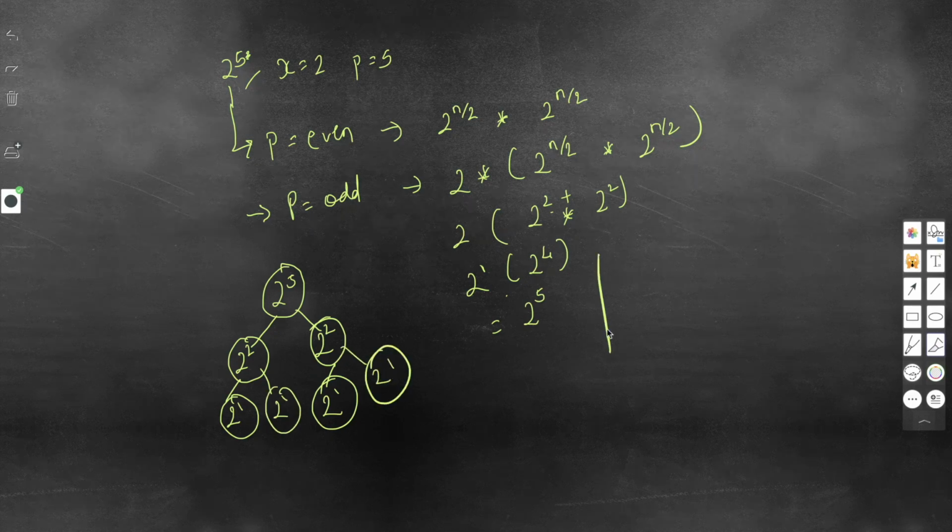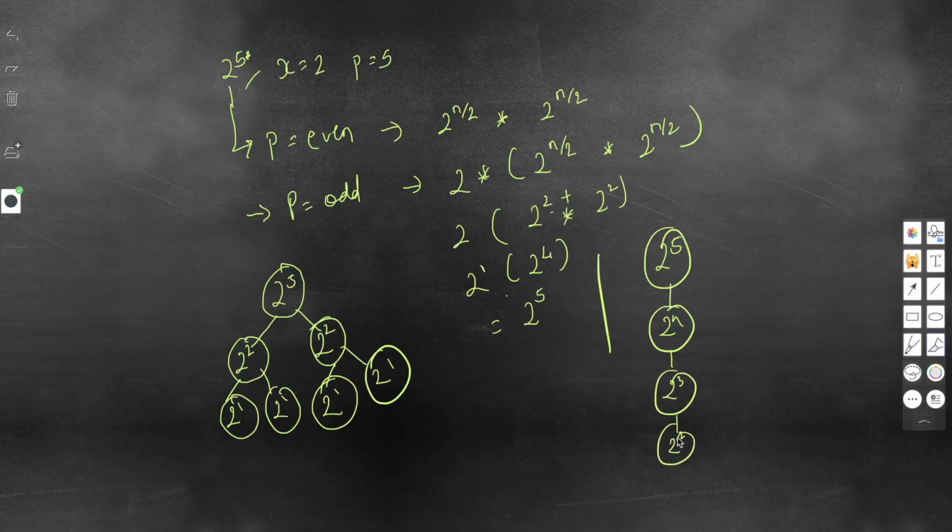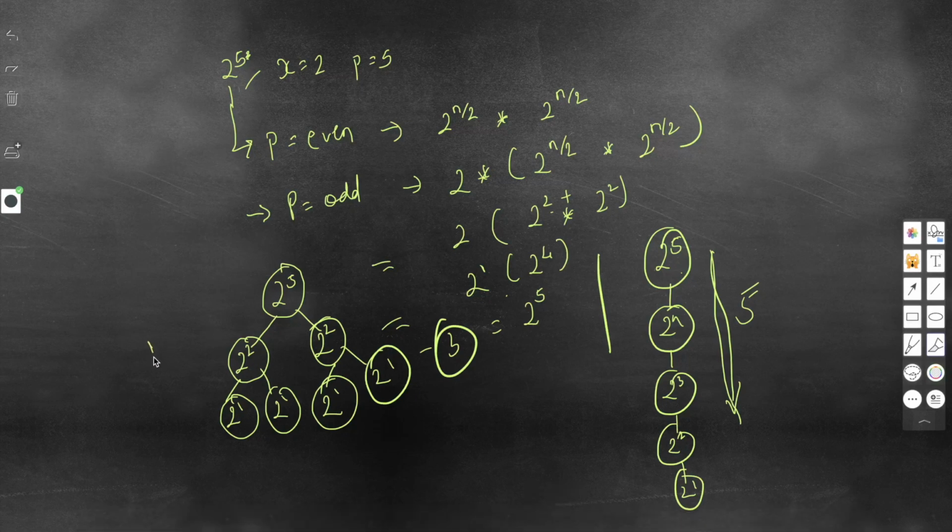But in the previous code, to calculate 2 to the power 5 we have to calculate 2 to the power 4, 3, 2, and 1. So we are making 5 levels of recursion depth there, but here the depth level is only 3, correct? So this is the more optimal way to find the power.